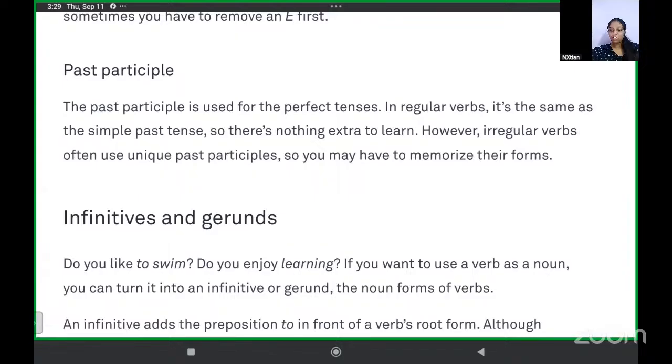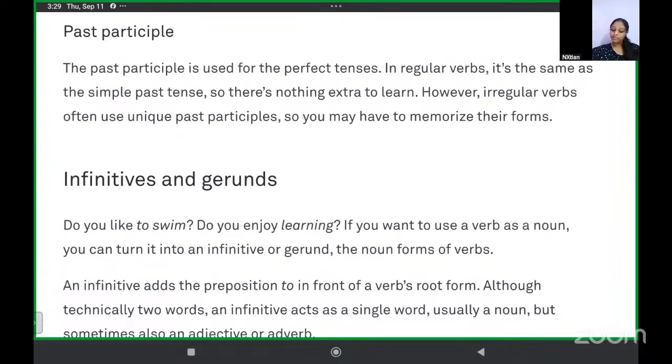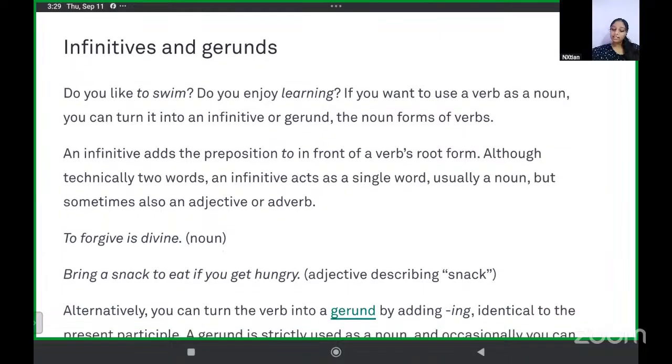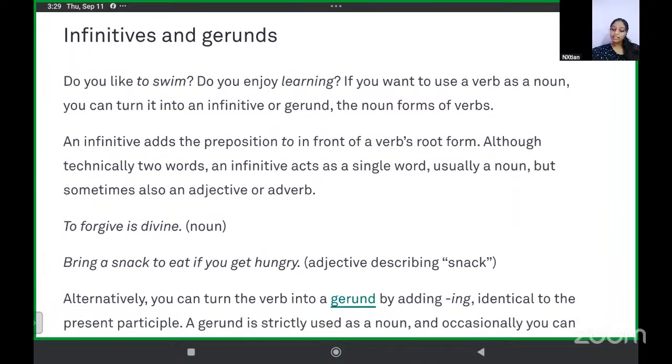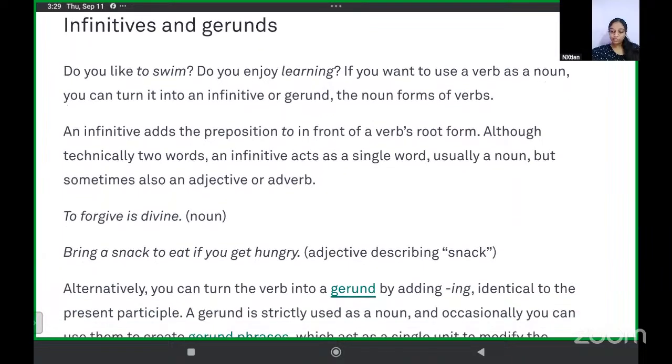Okay. And sometimes, like Edric said, we add an N to the verb. Now, infinitives and gerunds. Do you like to swim? Do you enjoy learning? If you want to use a verb as a noun, you can turn it into an infinitive or gerund.